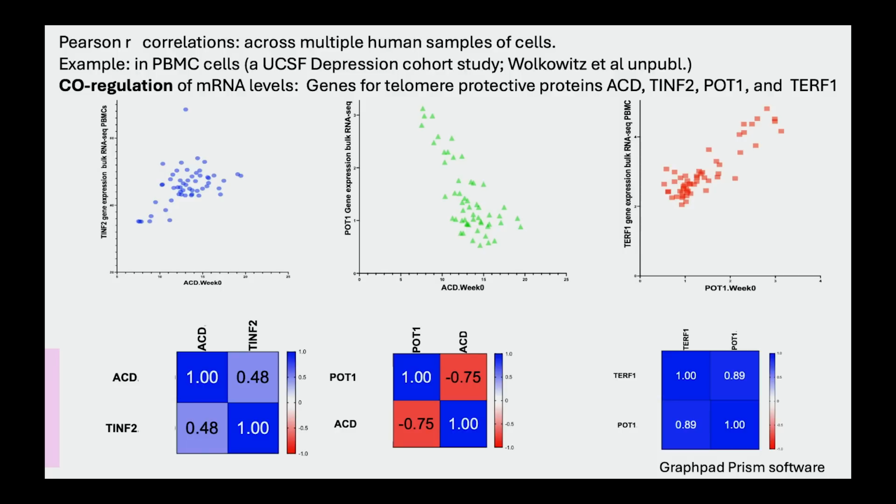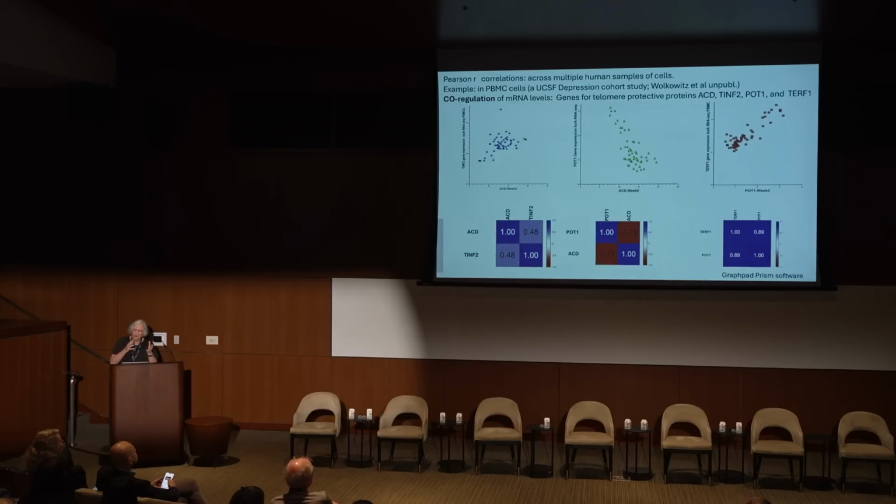The names really don't matter, but ACD and TIN2 are crucial telomere shelterin proteins, well characterized, they protect the telomeres. And what you can see is that they're expressed proportional to each other. Now, let's think about this. These are healthy samples, but there's always inherent variability. But what this looks like is there's a sort of compensatory nature to this, that if it's a little bit lower in one, it'll be a little bit lower in another.